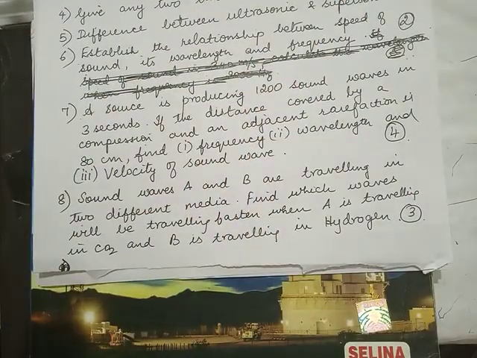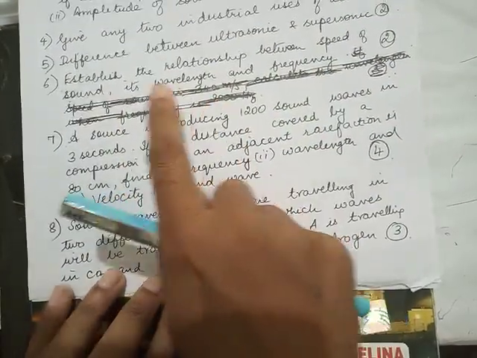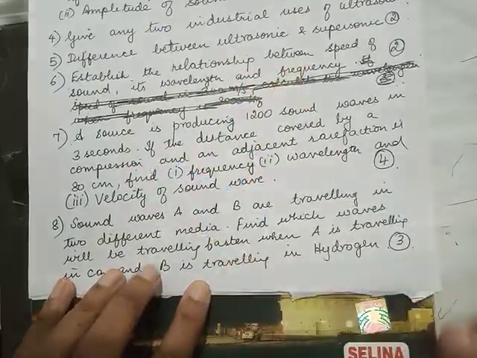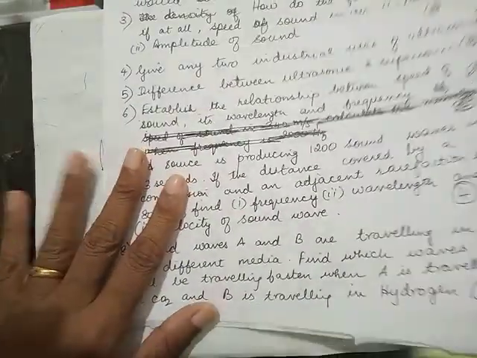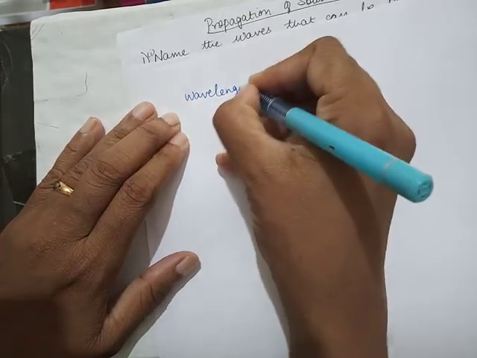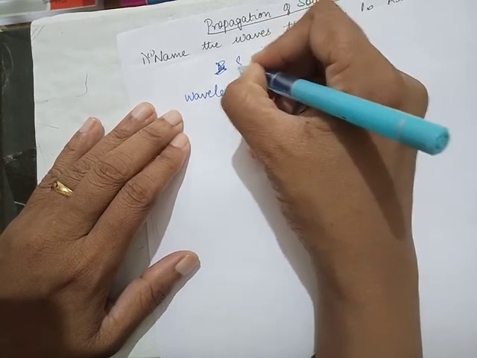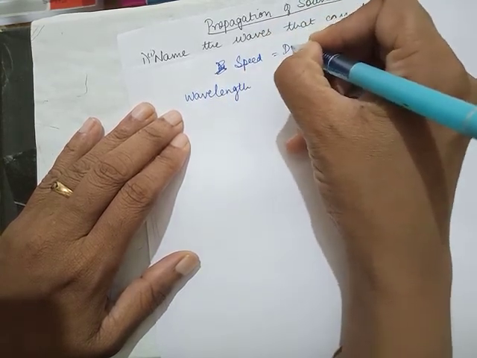Now the major problem was in questions number 6, 7 and 8. Most of you had made mistakes in questions 6, 7 and 8. Now, establish the relationship means derive the relationship. Okay, so how will you start? Wavelength is equal to... So we know the formula: speed is equal to distance upon time.